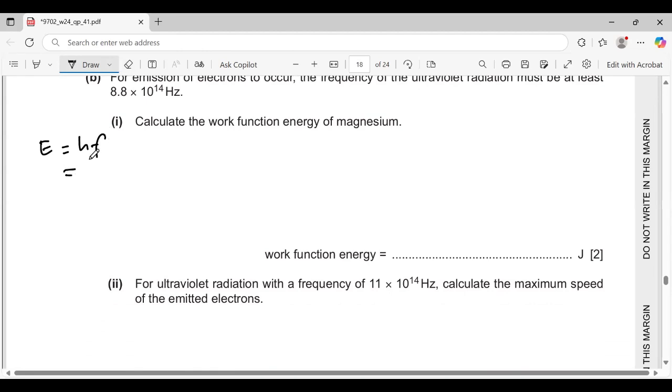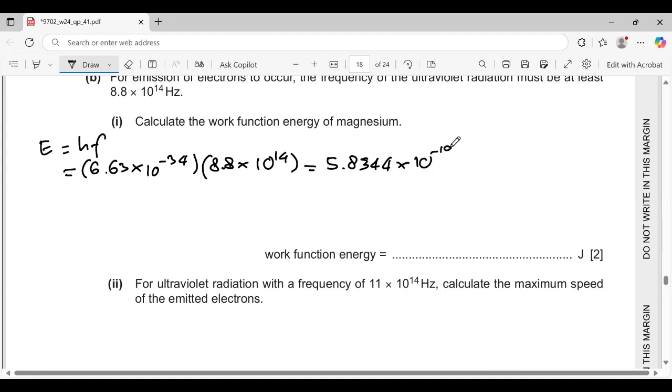So Planck constant is 6.63 times 10 to the power minus 34, times 8.8 times 10 to the power 14, and it becomes 5.8344 times 10 to the power minus 19 joule, or 5.8 times 10 to the power minus 19 joule. So here, 5.8 times 10 to the power minus 19 joule.